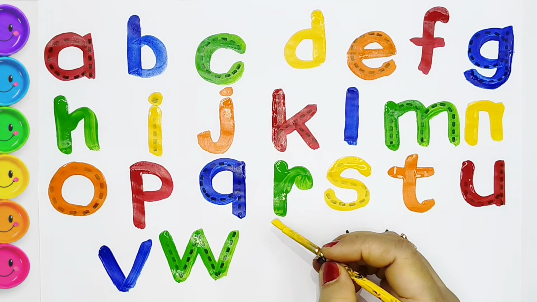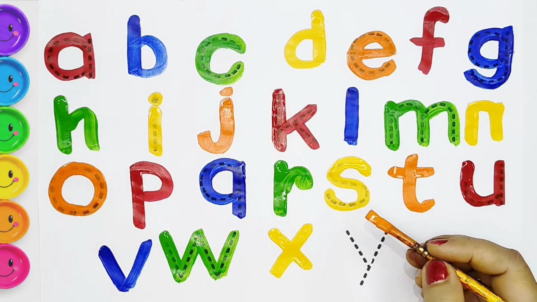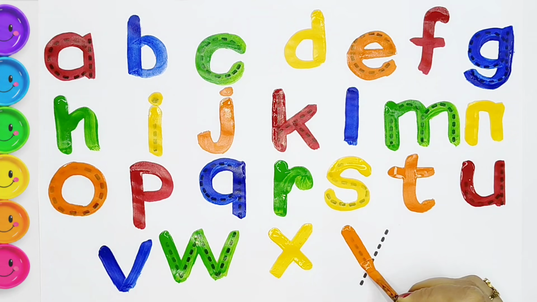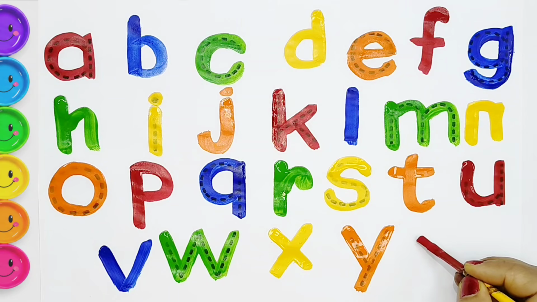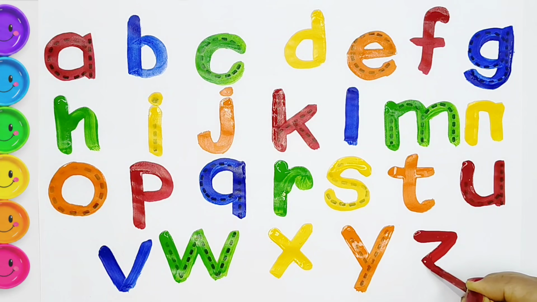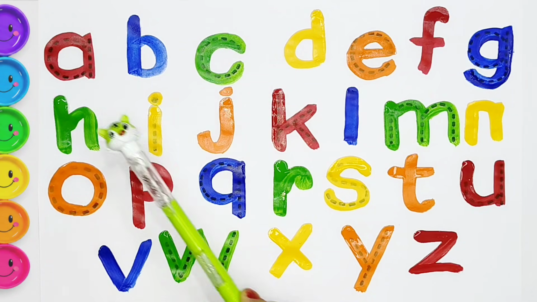Yellow color. X. X for phone. Orange color. Y. Y for yo-yo. Red color. Missing letter. Z. Z for zebra. Let's learn again.